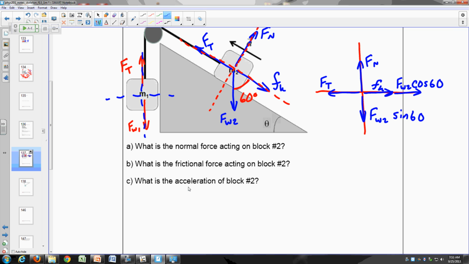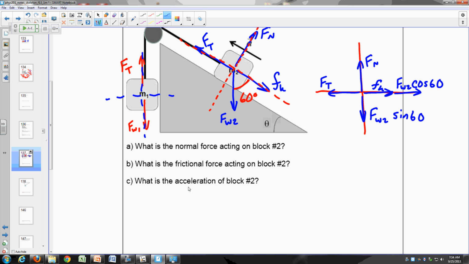As it's set up, how is the acceleration of block 1 compared to the acceleration of block 2? Is it bigger, smaller, or the same? It's the same, right. So anytime this block moves down a certain distance, this block is going to move up the inclined plane the same amount of distance.